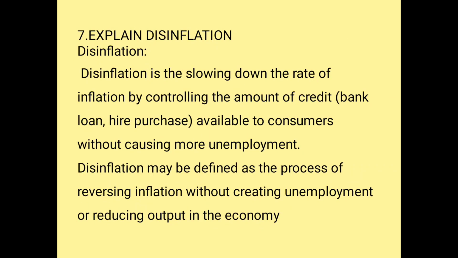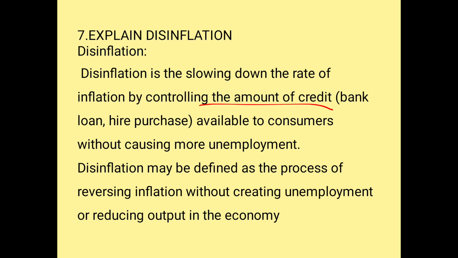Next is explain disinflation. Disinflation is nothing but the slowing down in the rate of inflation and controlling the amount of credit. So you have to slow down the inflation. At that time, what are we supposed to do? We are supposed to control the credit.